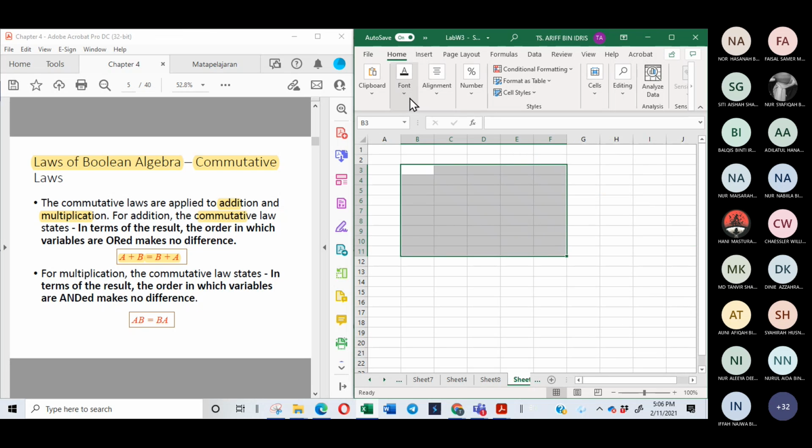So maybe I give one example. Where is the table?